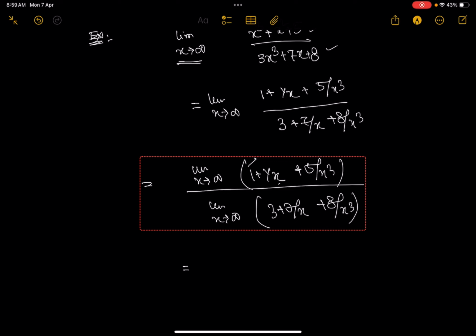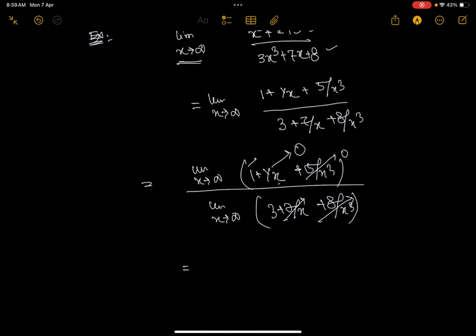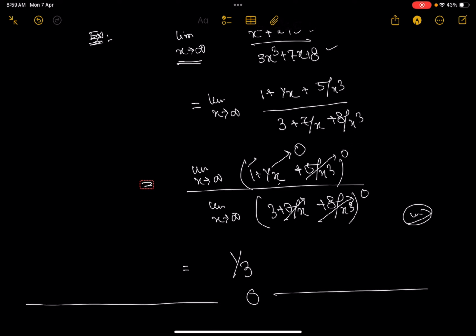When x tends to infinity, this term goes to 0, this also 0, this also 0. So what is the value? The value is 1 by 3. This is about the law of love. Here we end the lecture. All of these limit problems are solved with the help of this property.